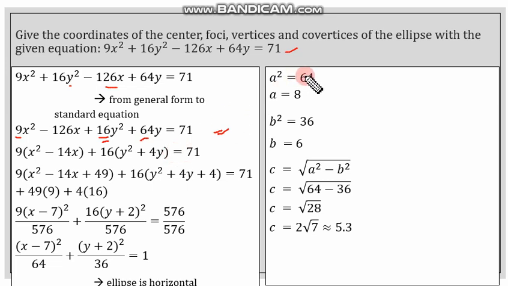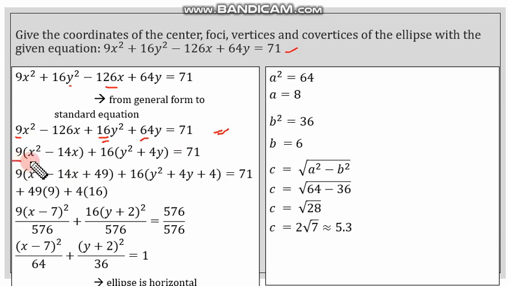So the process is the same as with the circle. We will use completing the square to get the standard equation of the ellipse. So first, factor out the coefficient of x squared, which is 9.